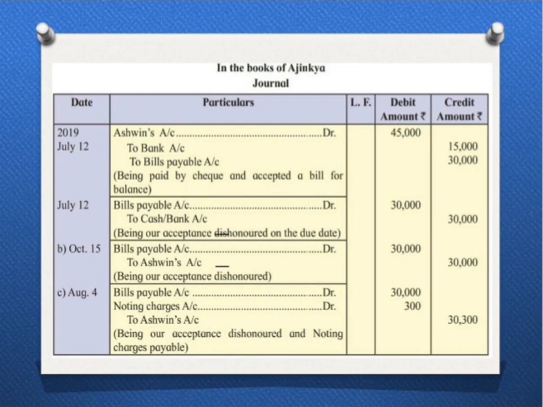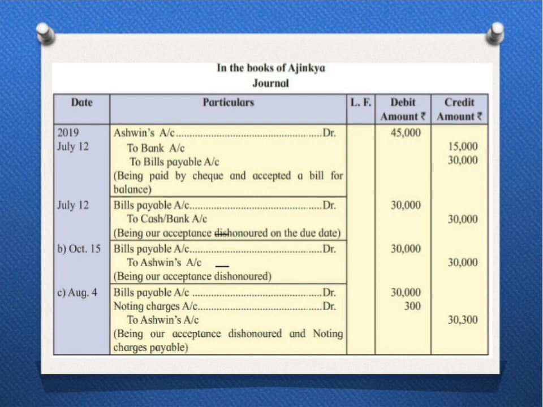On 12th July 2019, a bill is drawn on Ajinkya: Ashwin's account debit, to bank account, to bills payable. He paid rupees 15,000 and on the remaining rupees 30,000 the bill is drawn. Now if this bill is honored on due date, then on 15th October 2019 the entry will be bills payable account debit, to cash or bank.